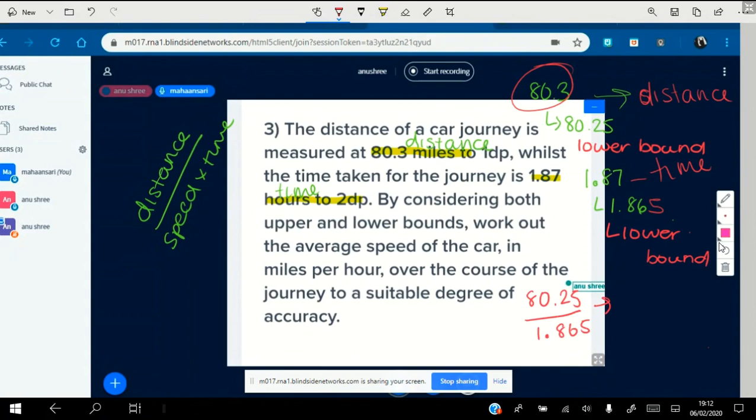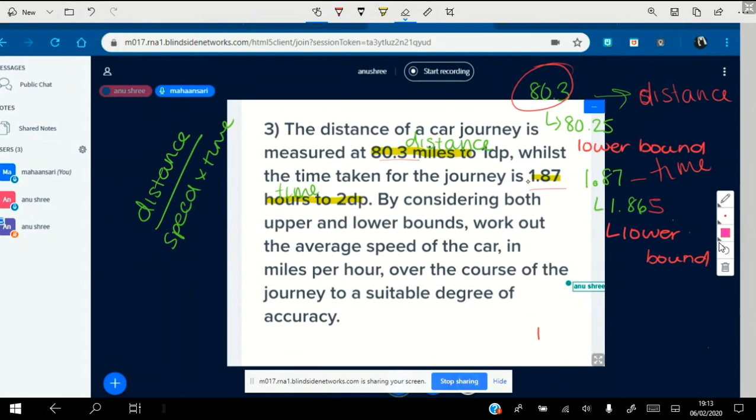See, you don't have to take upper divided by upper, lower divided by lower. Because ultimately you have to work out the maximum speed and the minimum speed. So would I do 80.3 divided by 1.87, then find the lower bound of that? Yeah, so in the numerator it's the upper bound and in the denominator it's the lower bound.